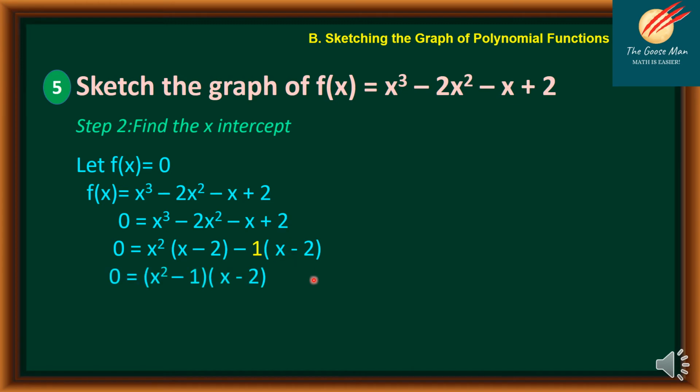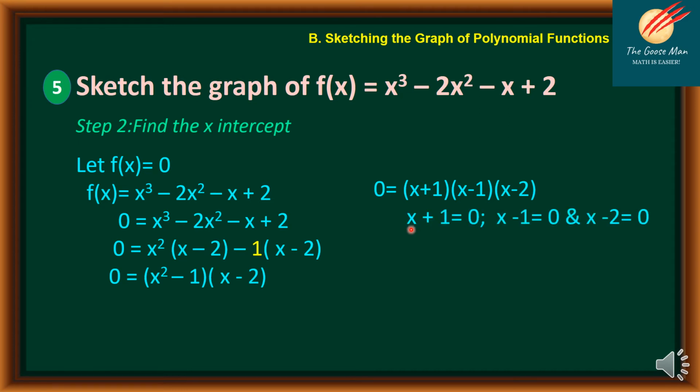So again, factoring further, I have x squared minus 1 times the common factor of x minus 2. Now, x squared minus 1 is a difference of two squares. Factoring further, I have x plus 1 times x minus 1 times x minus 2, applying the factoring of difference of two squares. Now I have it in factored form, so I can easily find the values of x.